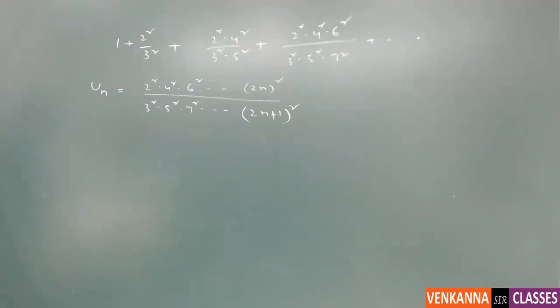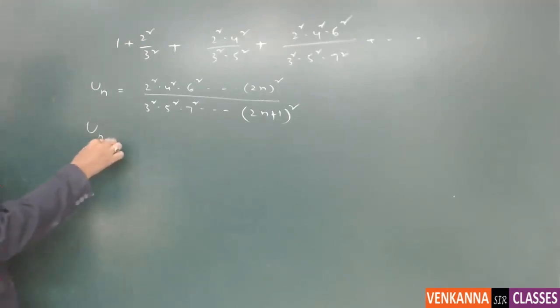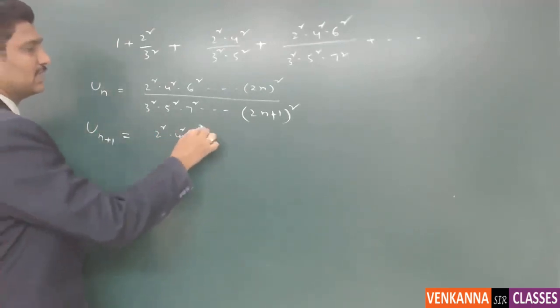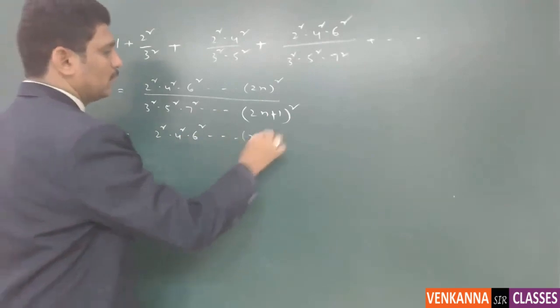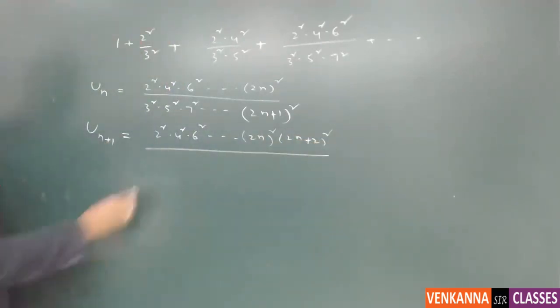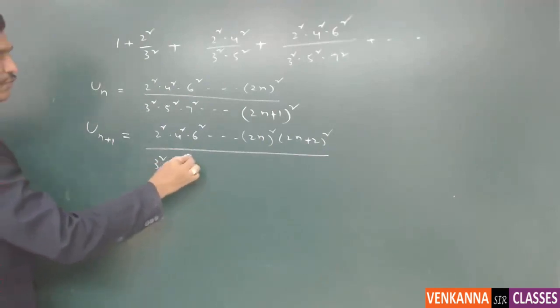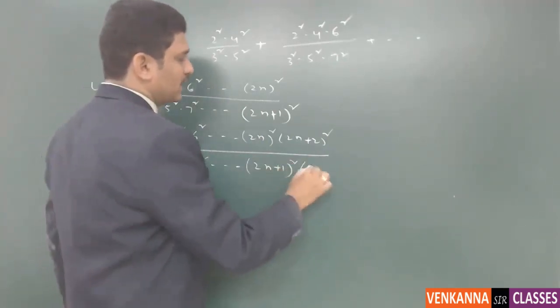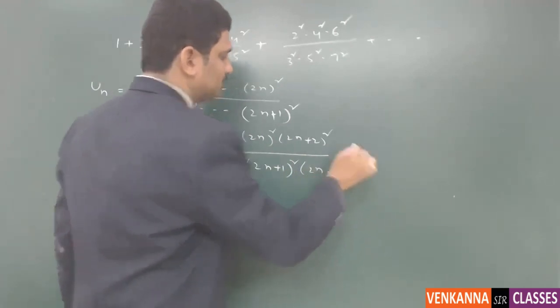So if you write the next one, un plus 1 is 2 square, 4 square, 6 square, so on, 2n whole square into 2n plus 2 whole square by 3 square, 5 square, 7 square, so on, 2n plus 1 whole square into 2n plus 3 whole square.